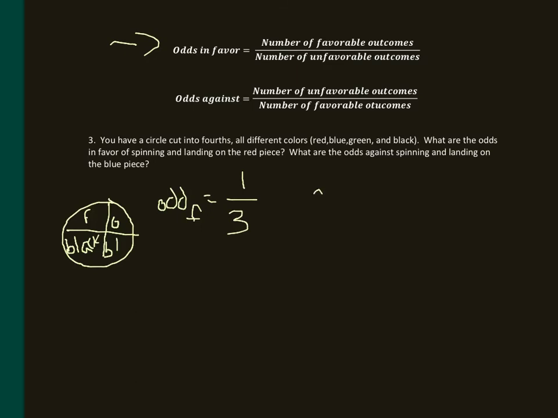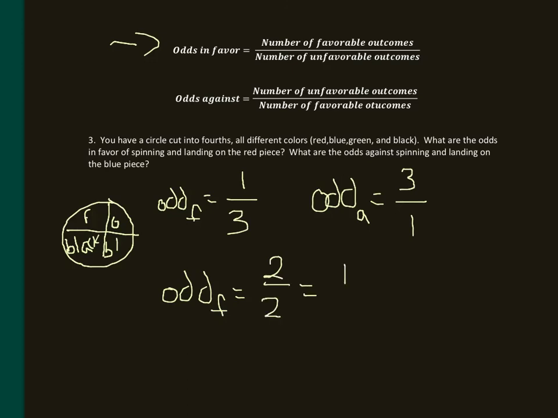Well, the odds against, favorable outcomes not in blue, are 3 to 1. Or let's say I said, what are the odds in favor of spinning and landing on a color that begins with B? Well, we have 2 that begin with B and 2 that do not, so the odds are 1 to 1.